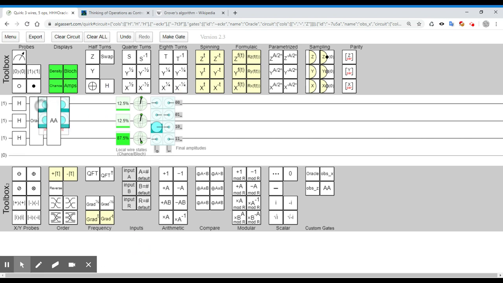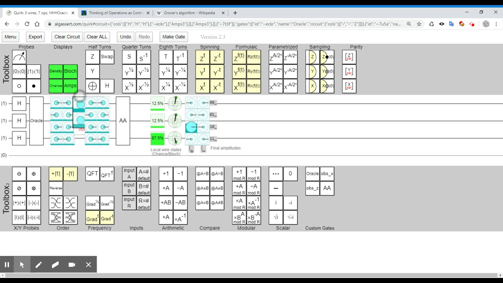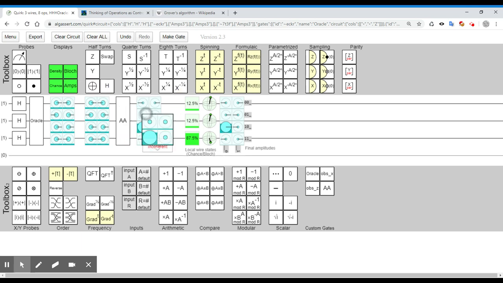So if we just use amplitude displays, here we'll just use 2, and here we'll just use 2.